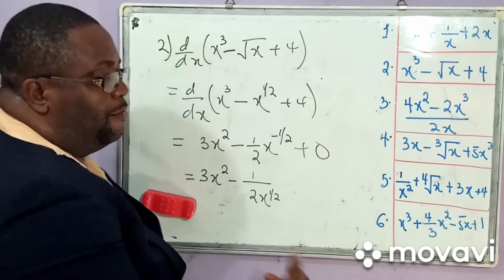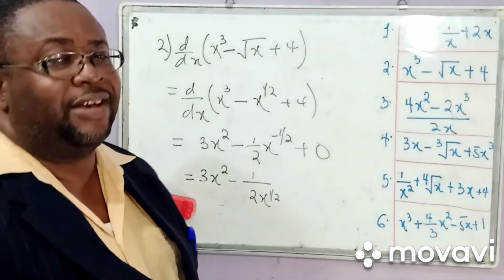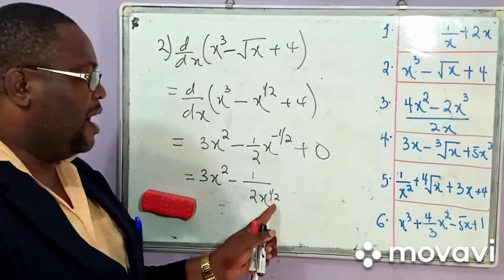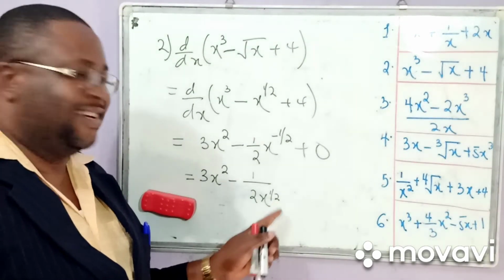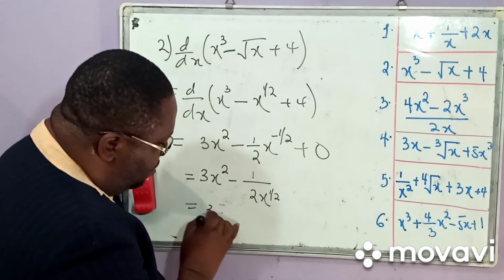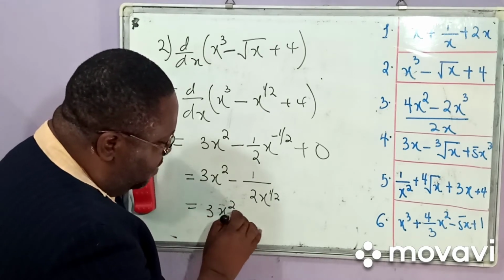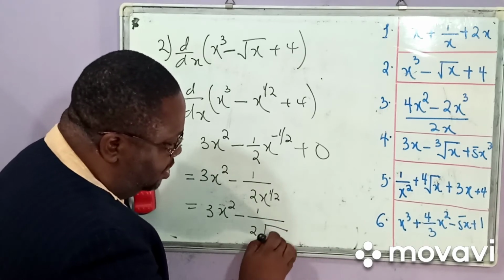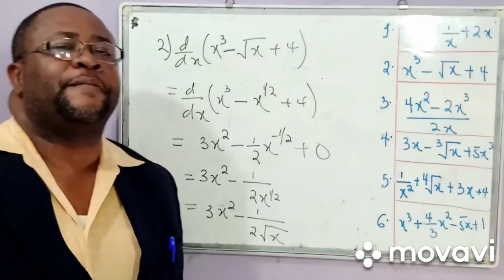There is a 0 here, of course. 0 added to anything does not change anything. Now power half simply means square root. So at the end of the day, I simply have this being equal to 3x squared minus 1 all over 2 square root of x.